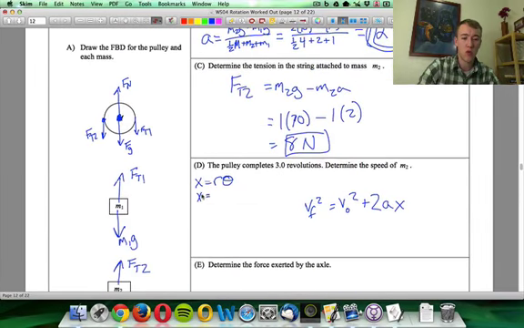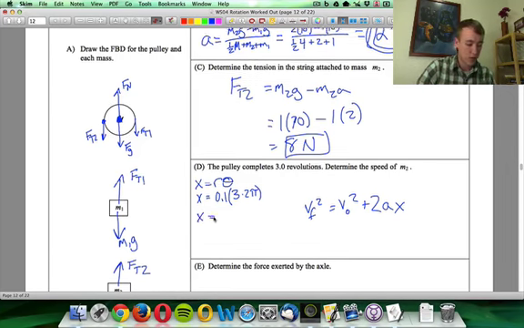Radius was 0.1, so this is going to be 0.1 times the angular displacement, which is 3 revolutions times 2 pi, because there's 2 pi radians in each revolution. So if I do this out, I get about 1.88 meters, and we're going to use that over here in this equation.